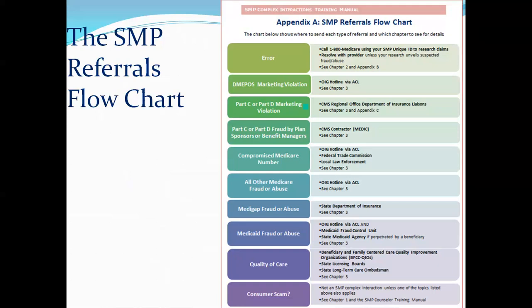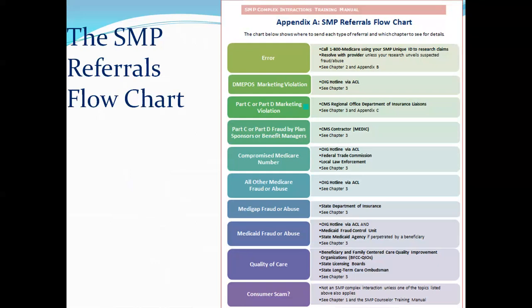Part C and D marketing violations, I send to two different spots. I send it to the CMS regional office, where I have a contact, the one in Atlanta, and I also send it to the Tennessee Department of Commerce and Insurance.